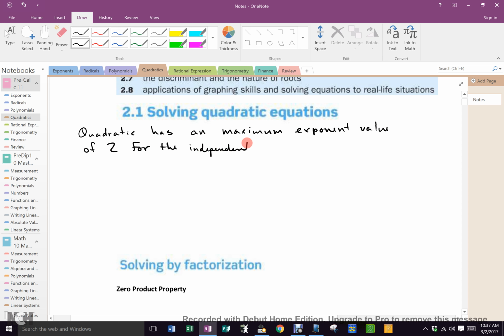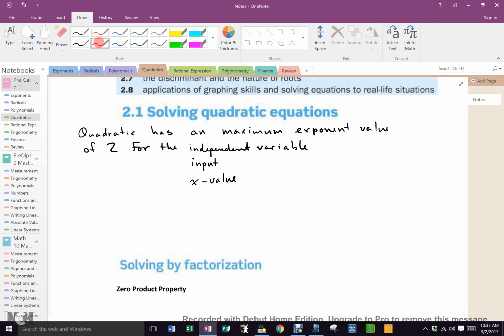If you were in my grade 10 class, you know that the independent variable has a whole bunch of names. It is also the input. So I'm going to use independent variable and input, and it is also, in our case, the x value. Maximum exponent value of 2 for all those things. All right? That's what it means to be quadratic.